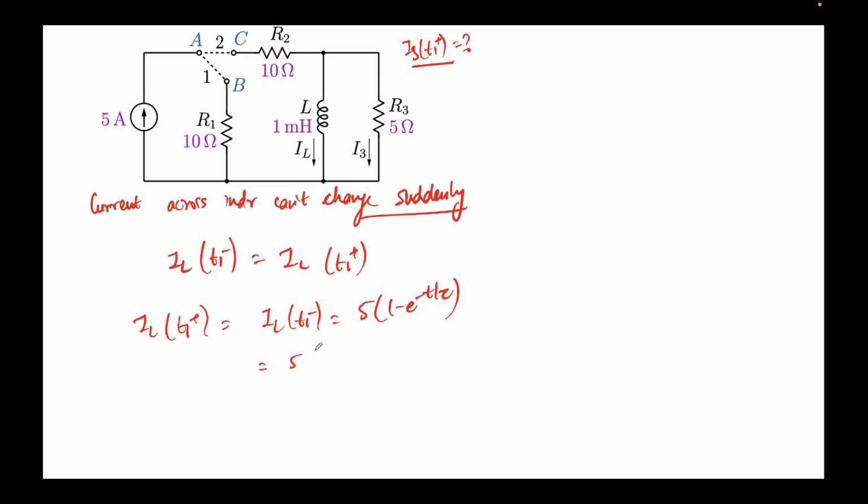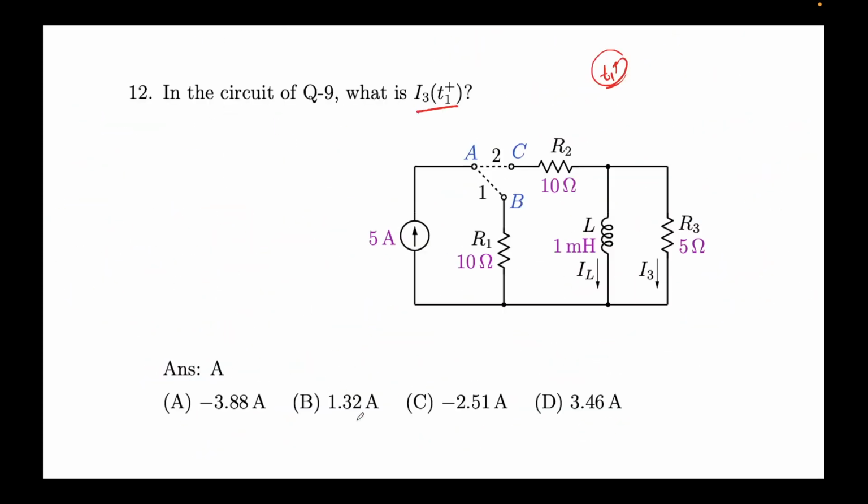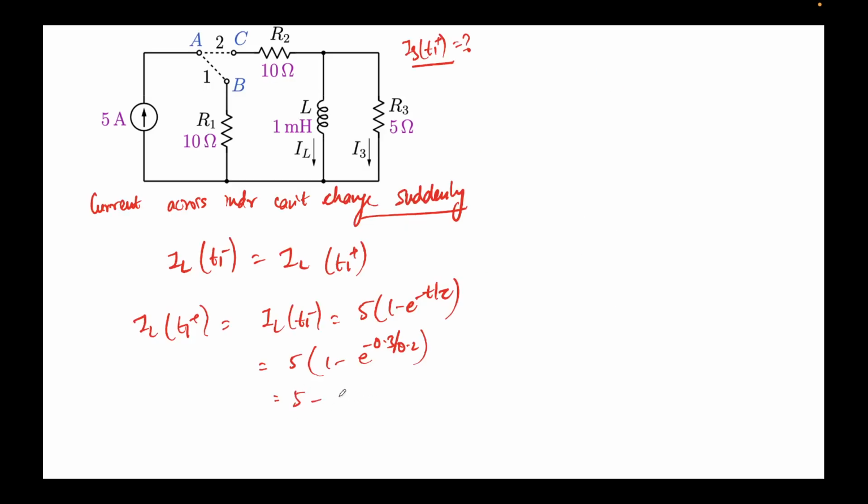I'll put the value of t to be t1, which is 0.3, and tau was 0.2, with a negative sign over here. What was the answer last time? It was 1.12. So if we deduct 5 minus 1.12, this will come out to be 3.88 amps. So IL at t1 plus will come out to be 3.88 ampere.